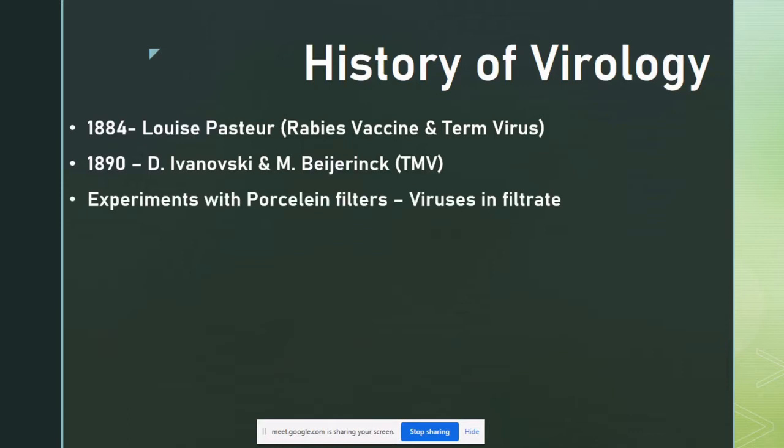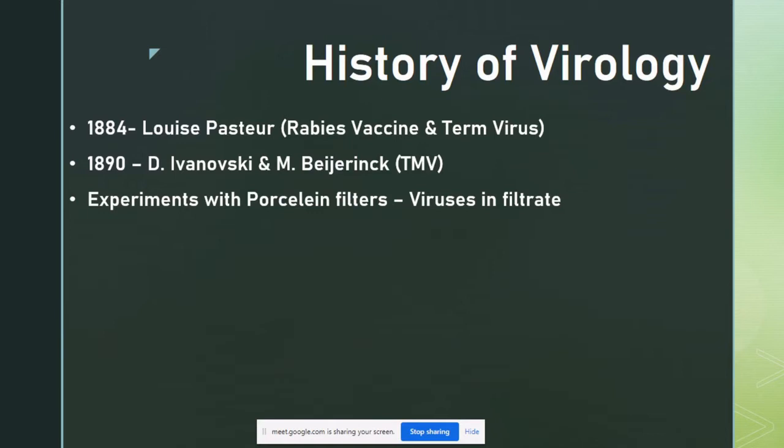So whenever a tobacco plant showed a different kind of diseased appearance, they took the extract of that plant and filtered it through these porcelain filters that were used to retain bacteria. To their surprise, whatever filtrate they got after filtering that extract, they were expecting that there would be no harmful infectious agent because they had filtered it through porcelain filters that were used for bacteria.